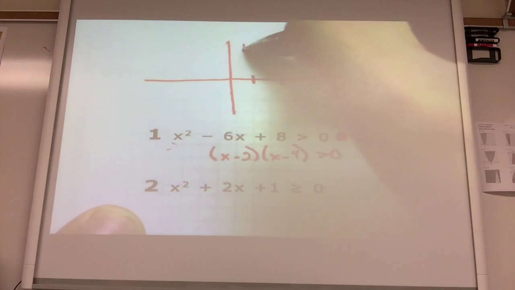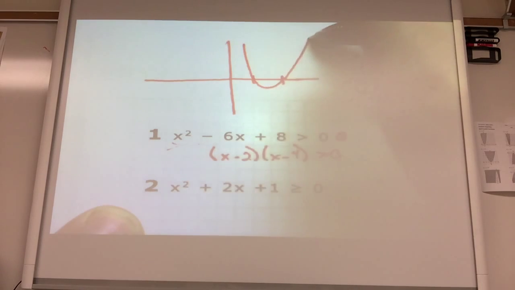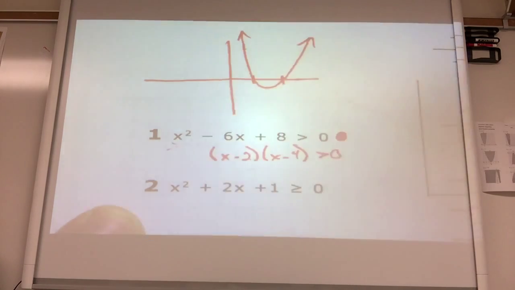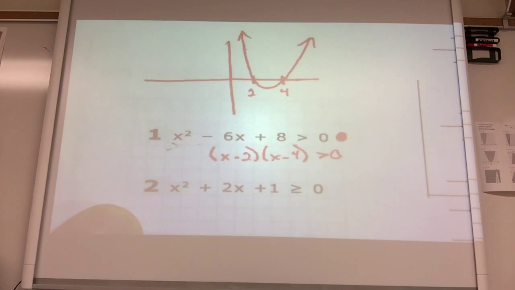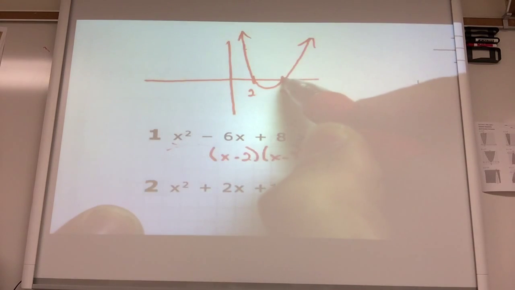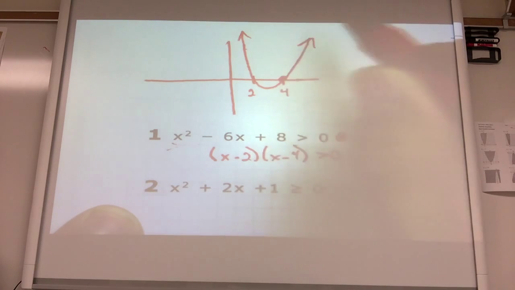So it's going to look something like this. Might look something like that. Remember, this is +2, +4. Okay, so where is it bigger than 0? So notice my graph becomes bigger than 0 right here at +4, and then anything up.